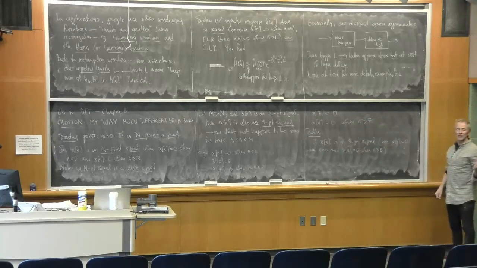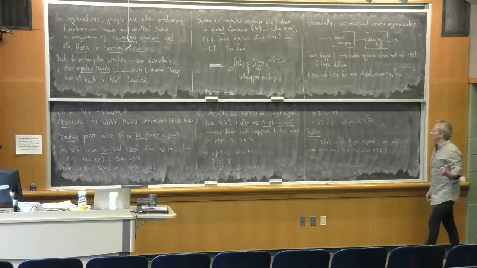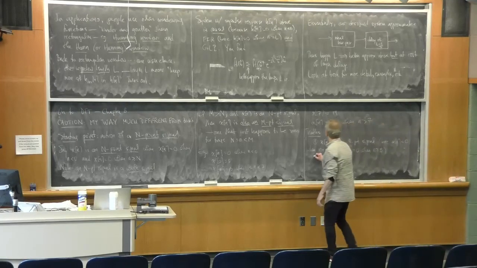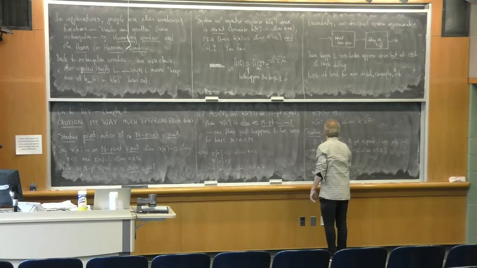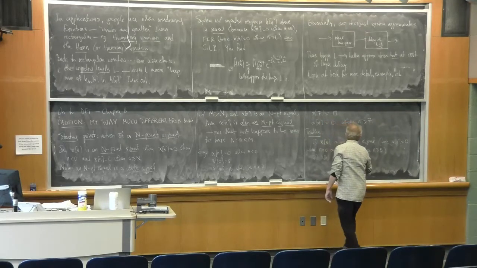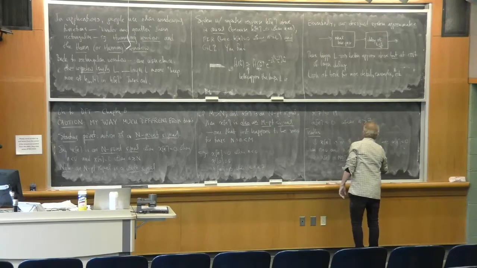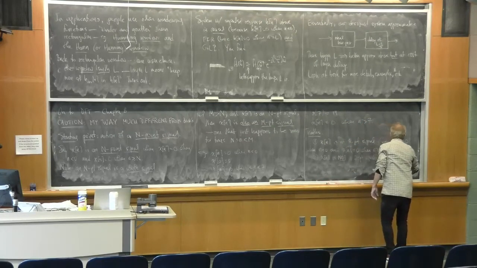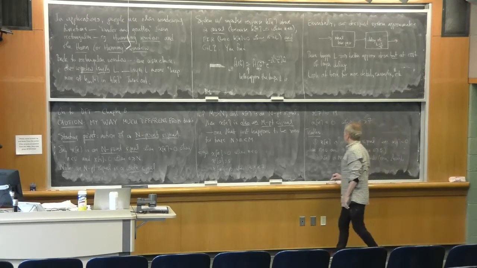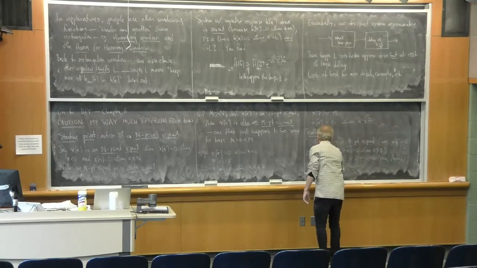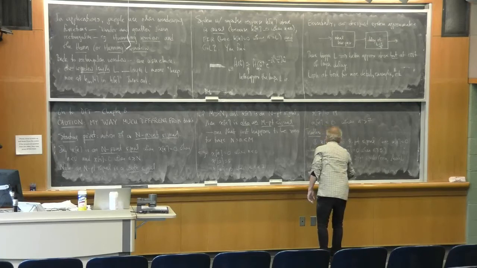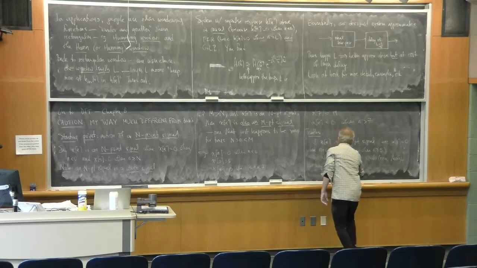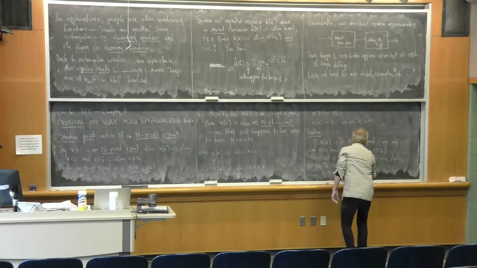Okay, so x of n is an 8-point signal. X of n is not a 2-point signal, even though it has only 2 non-zero values.